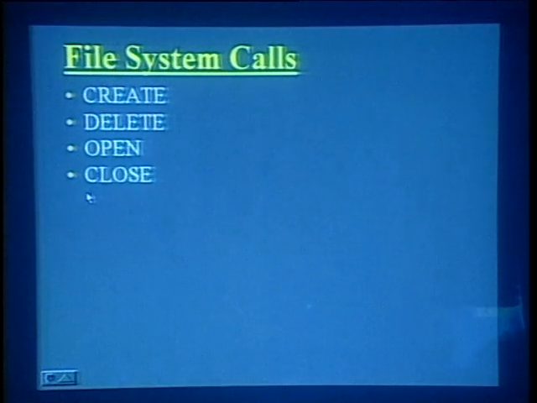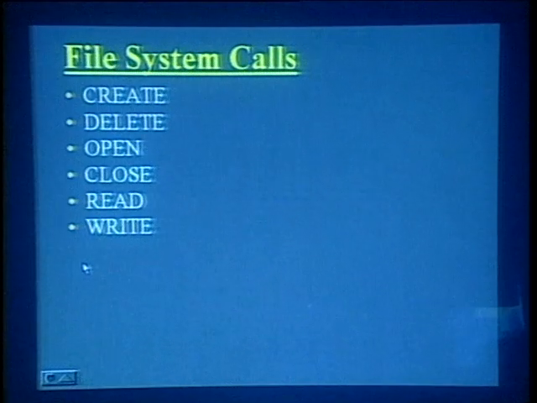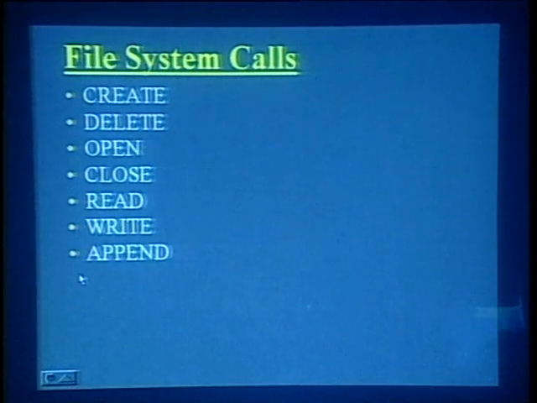Once we are done with the file, we use the close system call. We can also read a file, write a file, or append to a file. Append is basically a variation of write, because append adds whatever we want at the end of the file.